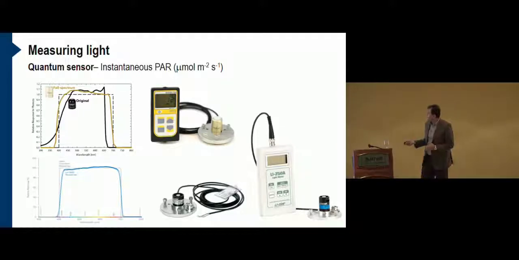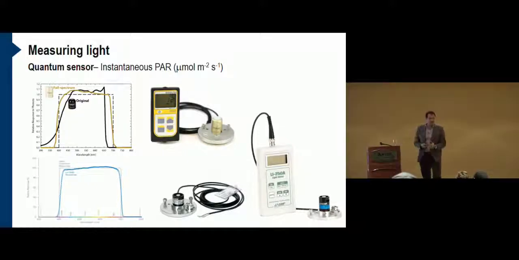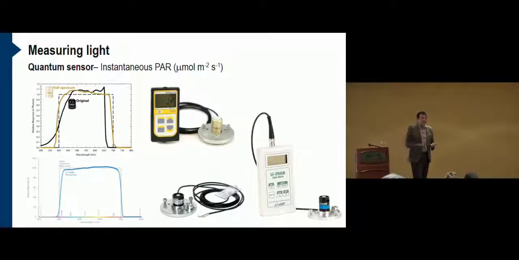Some of these quantum sensors are connected to a meter, so you can go out, make the measurement and come back. Some have data logging capabilities, so you can log the data and extract it later. Or you may prefer buying the sensor itself with the cable.